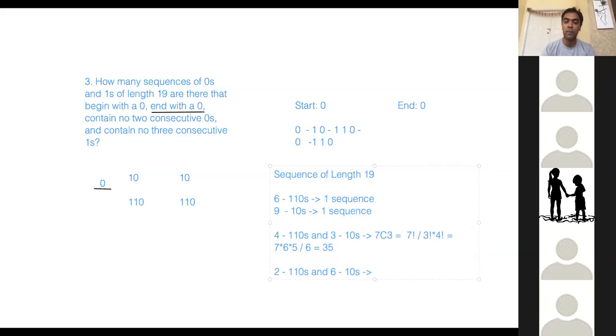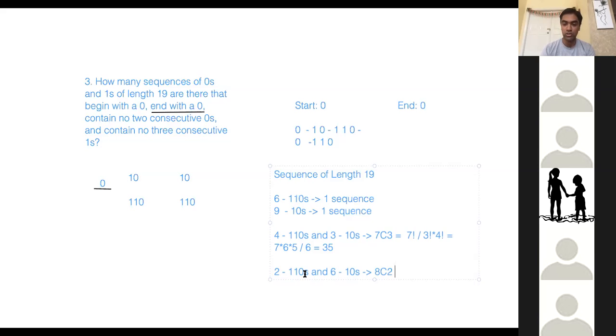This is also going to be combinations. So this should be 8 choose 2. So 6 1-0s and 2 1-1-0s, so I have a total of 8 of them.